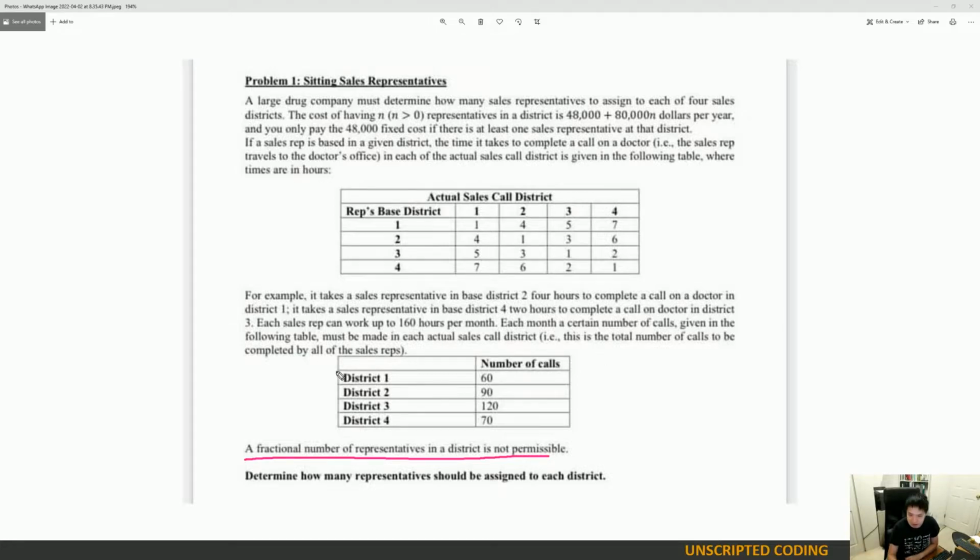The other piece I've noticed is right here. I'm going to have to read the text in a second, but each sales rep can work 160 hours. And for the most part, if they go to their own district, it takes 1 hour to answer each call. There's 60, 90, 120, and 70 calls. What that tells me is that one solution, maybe not the optimal one, is 1 representative in each district. And why this is important is because I think there are very few variations that are going to work.